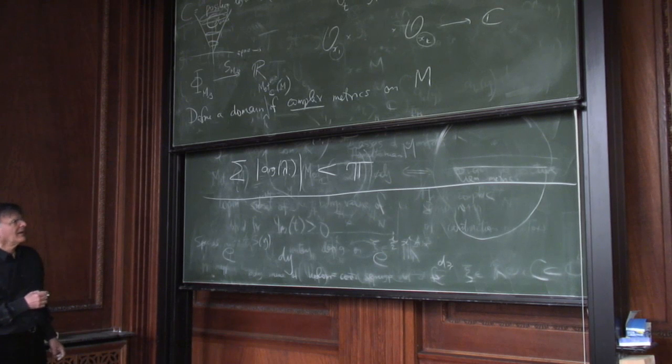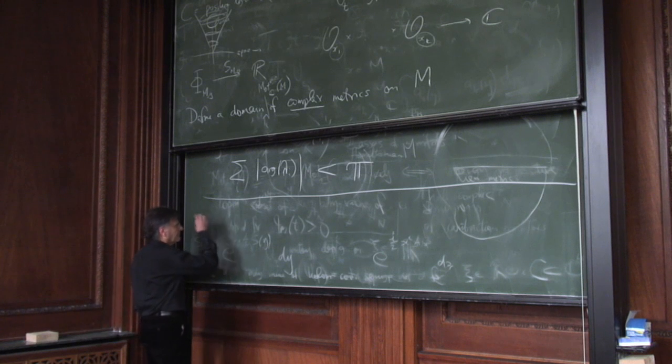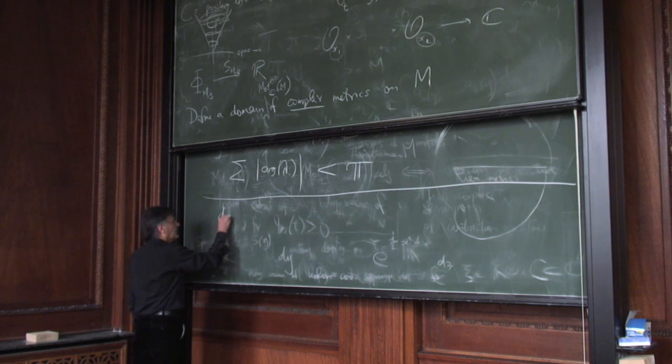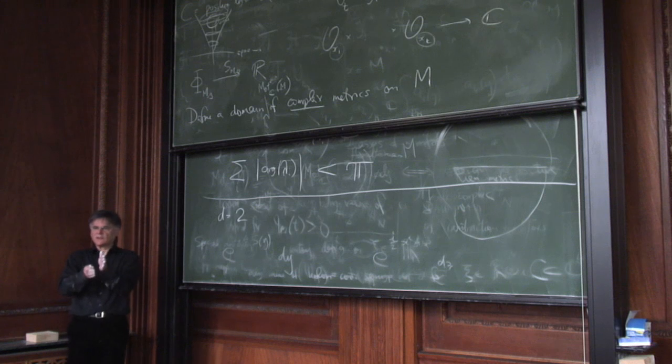I'm afraid I'm going to have to put a little bit of this into the next lecture because it is rather important for the sequel. So let's consider the case d equals 2. So we're looking at surfaces.